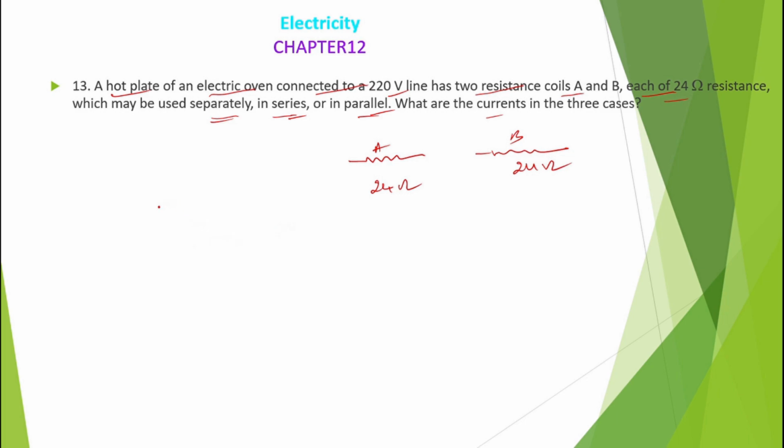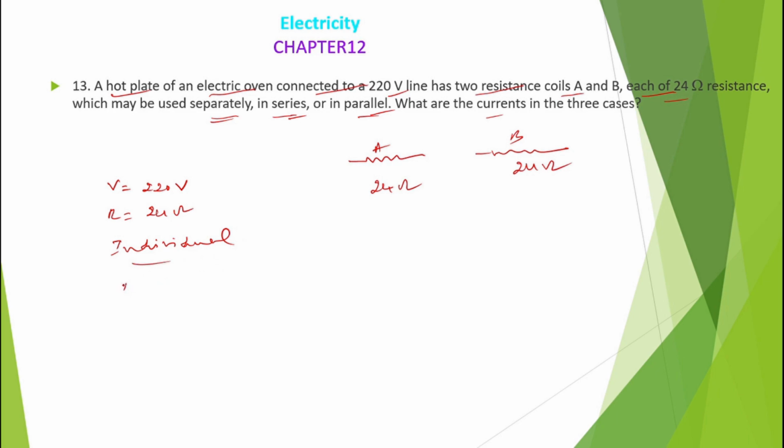So okay, what has he given? V he has given 220 volt, and the resistance he has given 24 ohm. Now individually, what will you get?